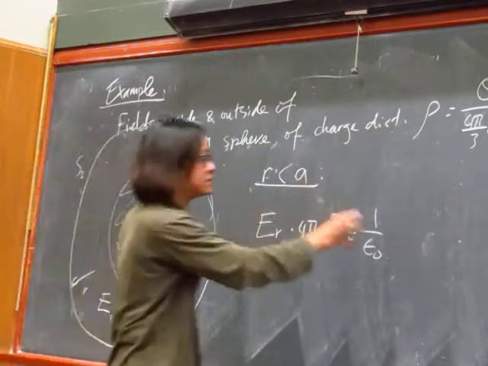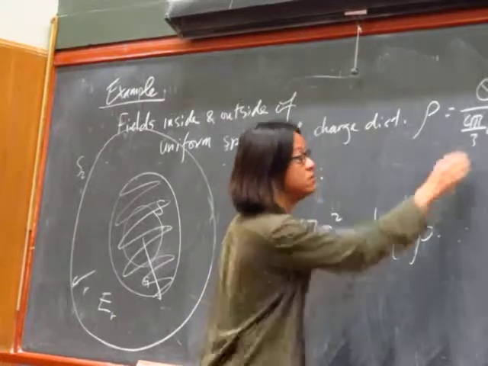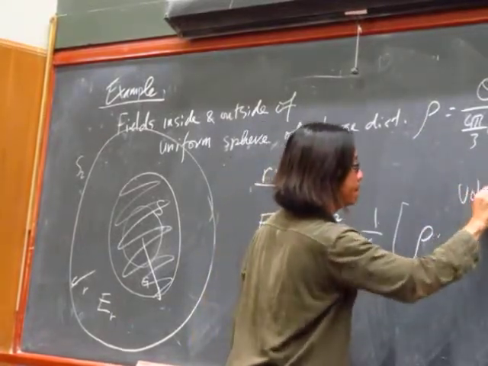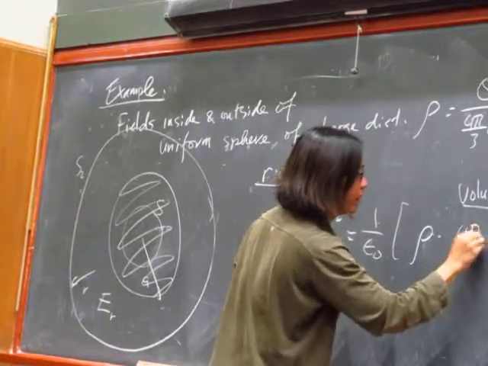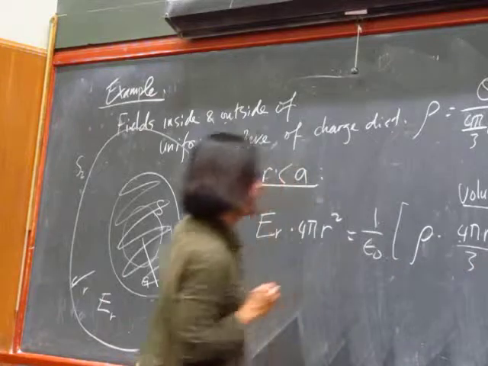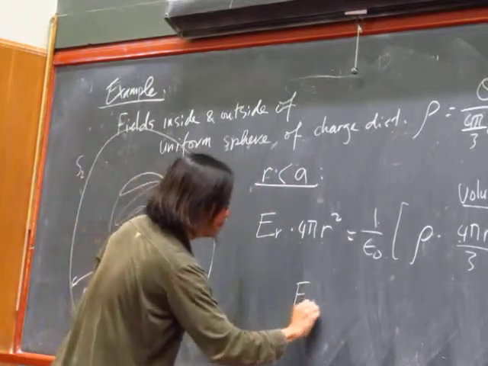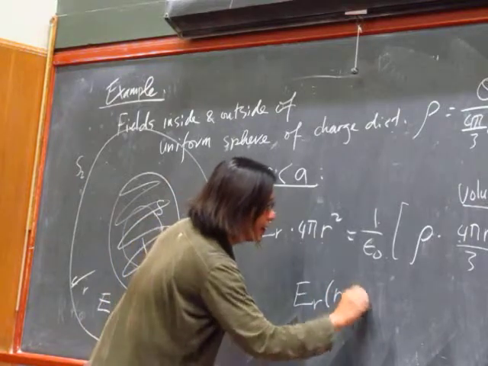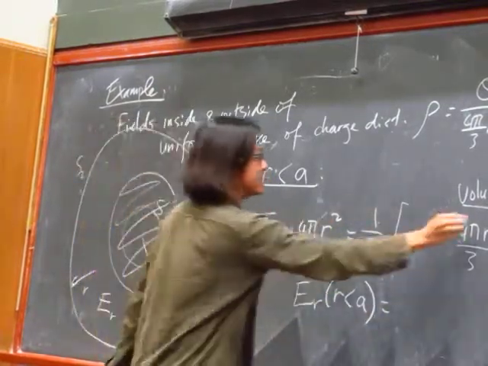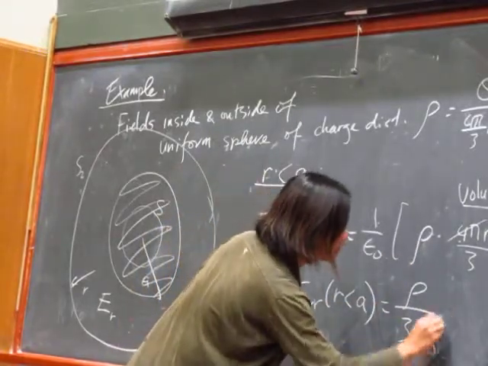The charge inside then is just rho times the volume, and the volume is 4 pi R cubed over 3. So the electric field for R less than A then becomes, the 4 pi cancel here, rho over 3 epsilon naught R.